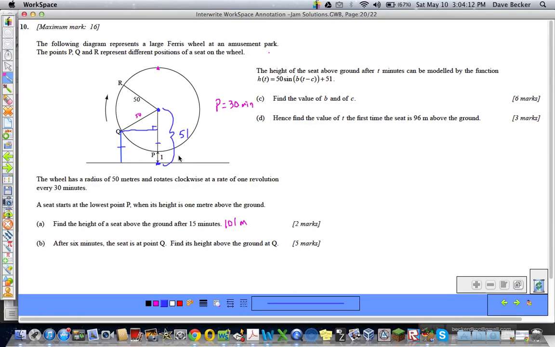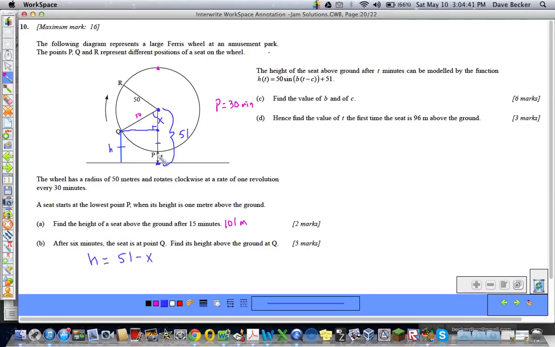So if I could get 51 minus the distance from here to here, which I will call x, the height, we'll call this h, is equal to 51 minus x. Okay, how can I find x? Well, I have x here, I have 50. If I knew one of these two angles, I would be in business.